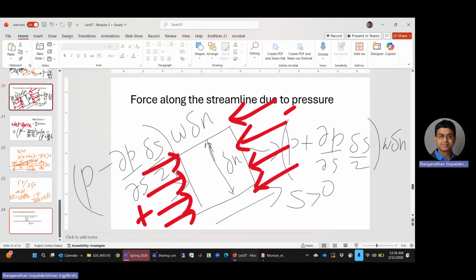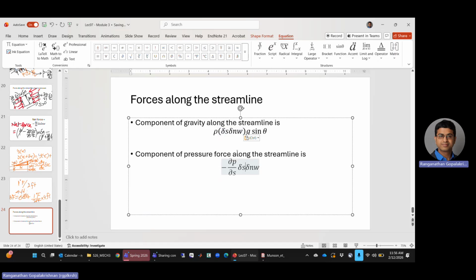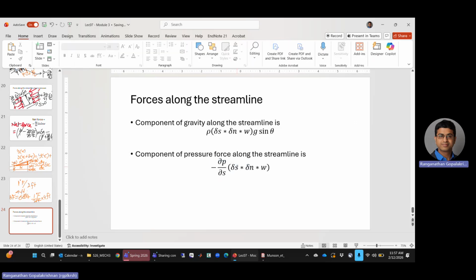So this should be equal to delta S times delta N times W. The term in the parenthesis obviously is your volume. Good.